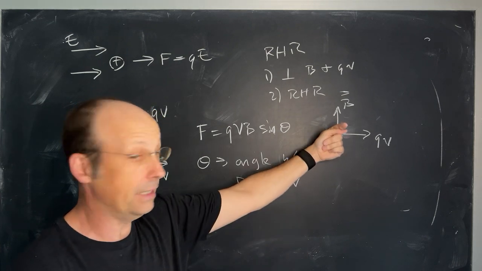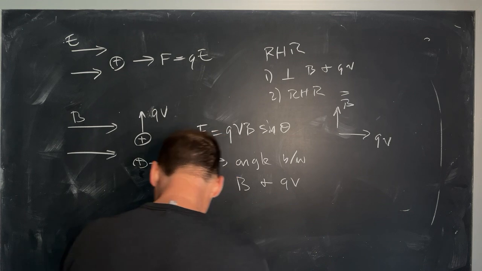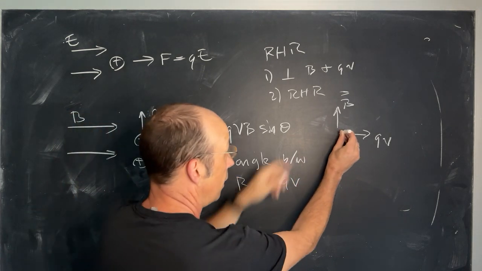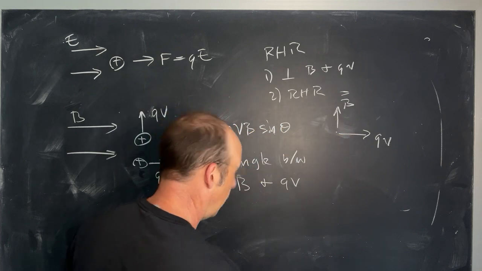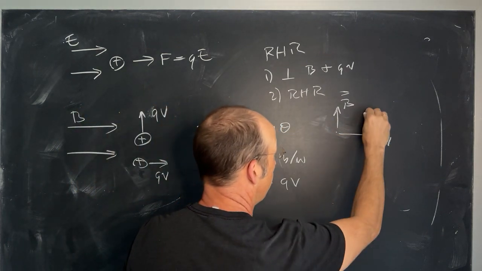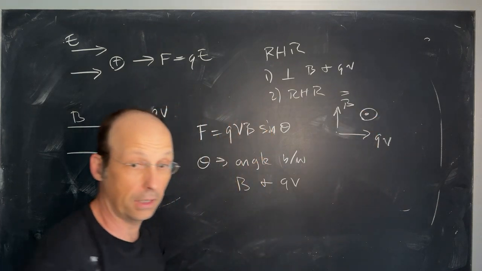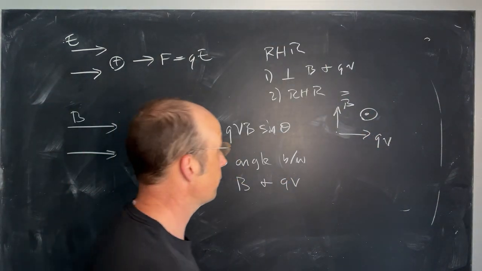One of those vectors is this, a vector coming out of the board, right? If I have a vector coming out of the board, like this piece of chalk, it's perpendicular to B, it's perpendicular to QV. So we describe a vector coming out of a board as a dot with a circle around it, because that would be like an arrow coming straight towards you and you just see the point.